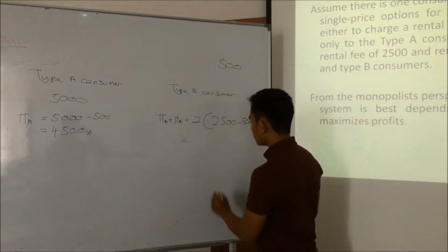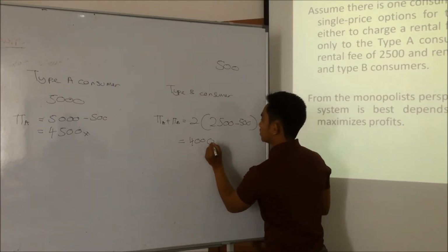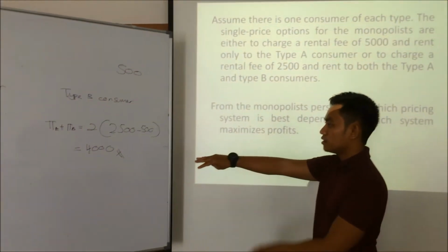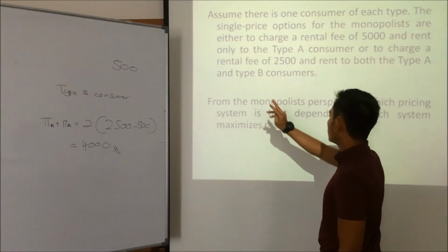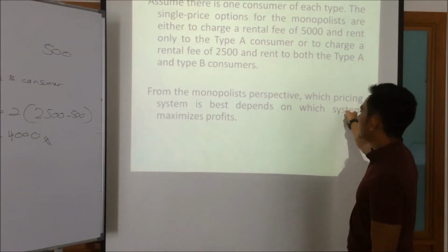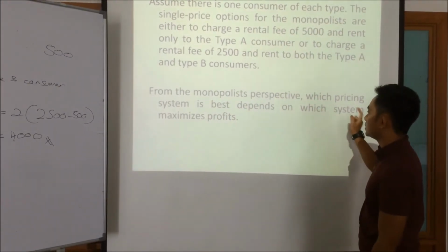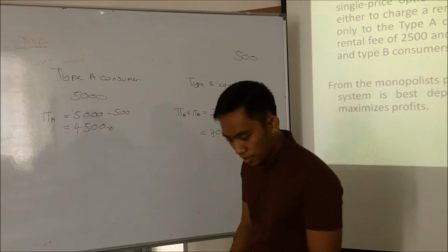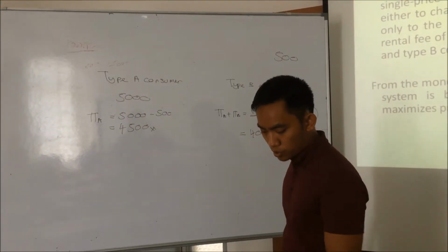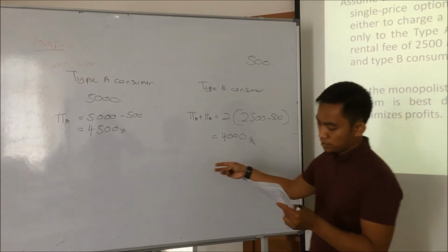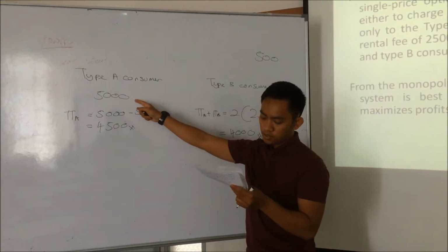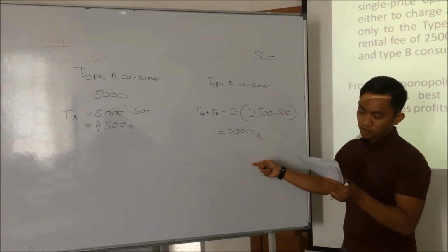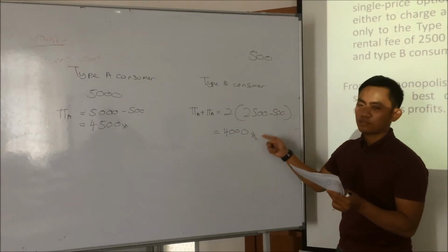The answer is 4,000. The question says which pricing system is the best depends on which system maximizes profit. The monopolist maximizes profit by charging a rental fee of 5,000 and renting only to type A consumers. The type B consumer is priced out of the market. 4,000.